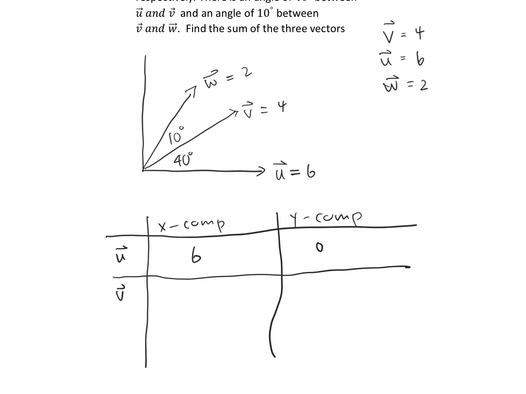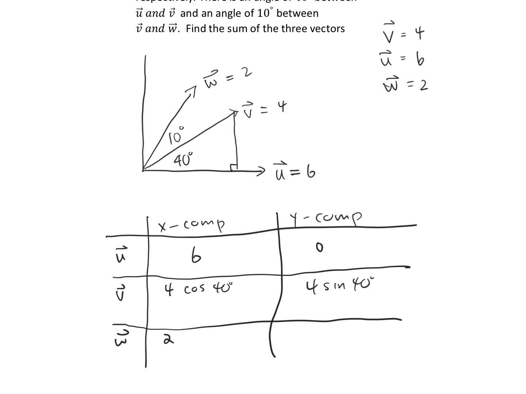V is at an angle of 40 to the x-axis. It has a magnitude of 4, so 4 cosine of 40 and 4 sine of 40. Again, both positive. And then W has a magnitude of 2.